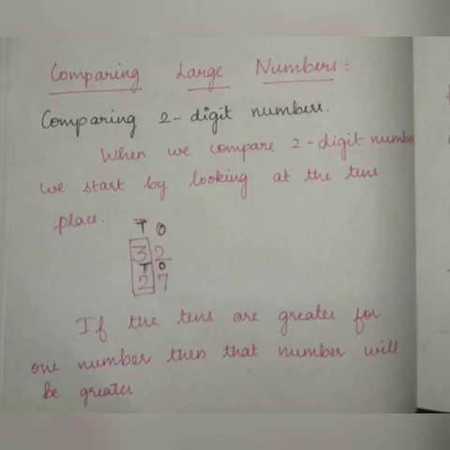If the tens places are different, the number which has the greater tens place will obviously be greater. Here is an example. See, 32 and 27. What is the tens place for 32? 3. What is the tens place for 27? 2. So whether 3 is greater or 2 is greater? 3. So obviously 32 is greater than 27.